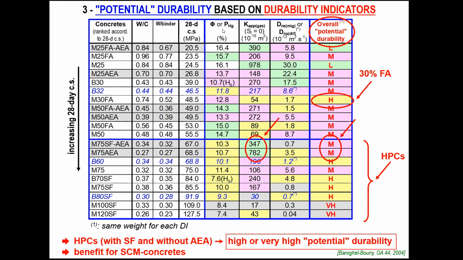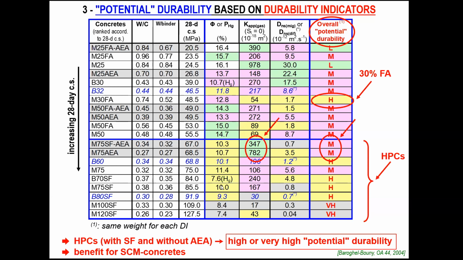The measurement was made with the most often measured durability indicators: the porosity, the gas permeability, the diffusion coefficient, and you can see here, depending on the color, you can assess the durability based on only one parameter, or make an overall potential durability.